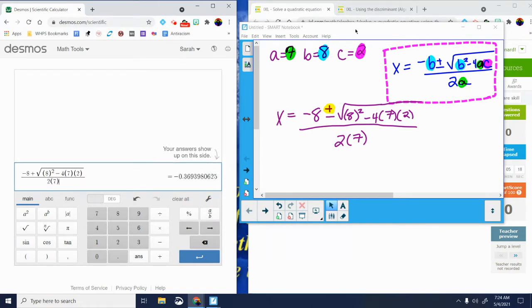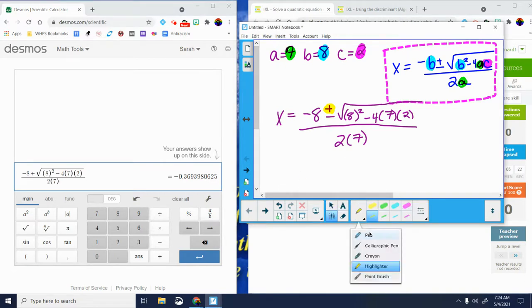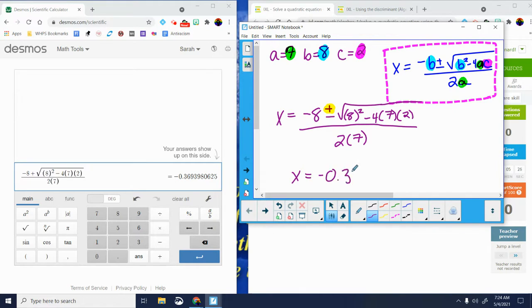So my first answer, rounded to the nearest hundredth, is going to be x equals -0.37. Now my second answer I'm going to get by doing the minus sign.